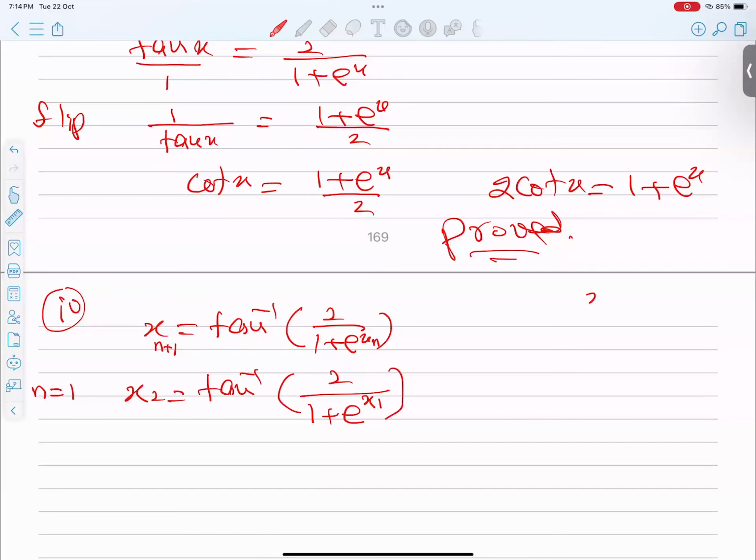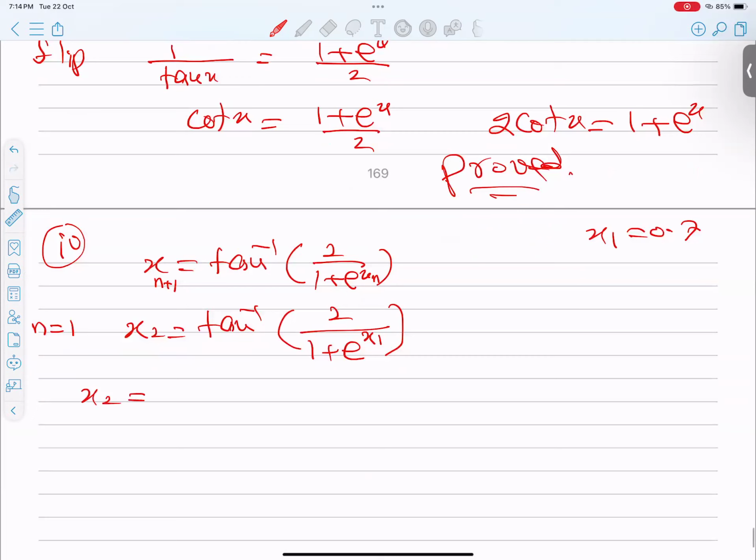But x1 is 0.7, I will plug it in here in the power. So let's try to do it: tan inverse of 2 over 1 plus e to power 0.7. Now let's see what answer it turns out to be.